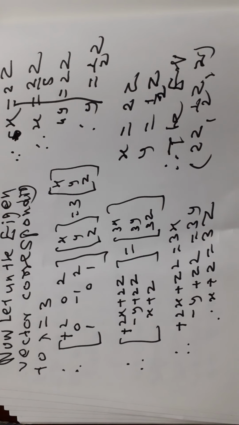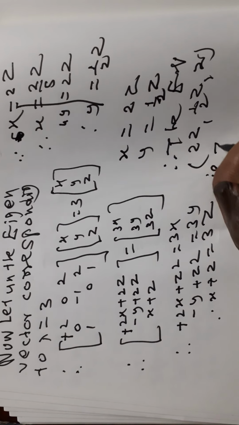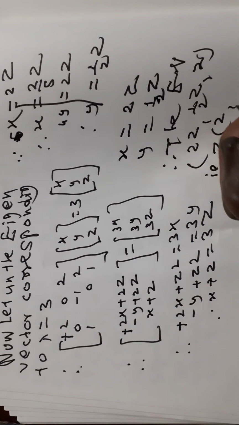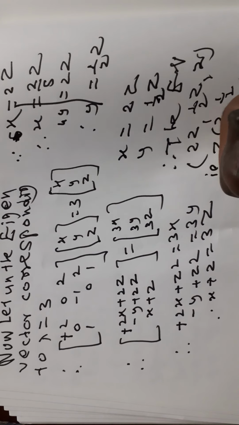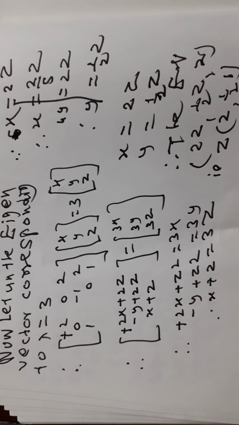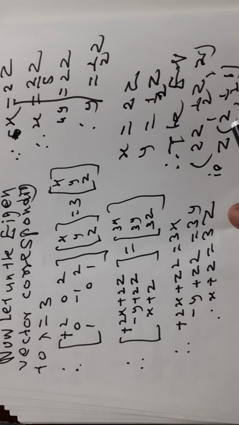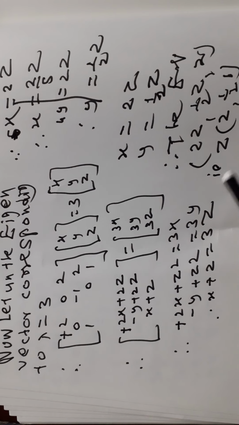Therefore, the eigenvectors are of the type (2z, half z, z). That is, the eigenvectors are of the type z times (2, half, 1). Put z is equal to 2. Therefore, the eigenvector is (4, 1, 2).